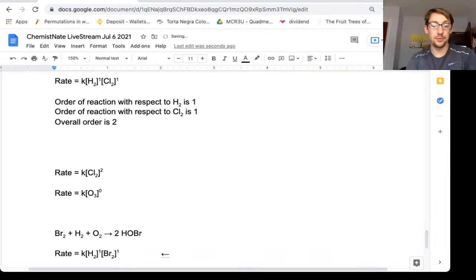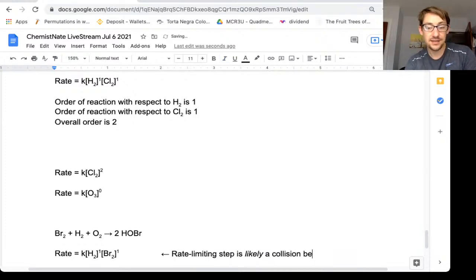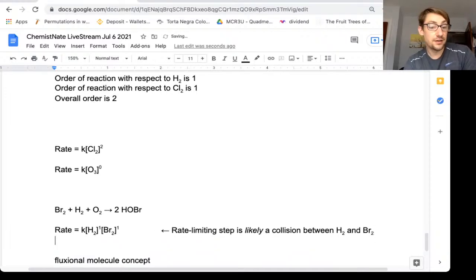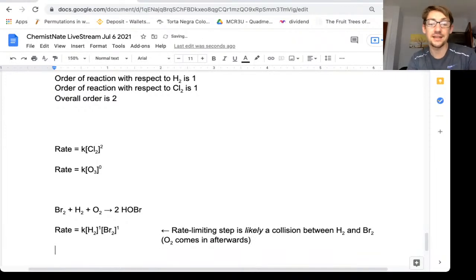If they told you the rate law was this, it tells me that the rate limiting step is likely a collision between H2 and Br2. That itself tells you that O2 comes in probably afterwards, but it can also have simply reacted really quickly at the very beginning. It's not that O2 is not involved at all, it's just that it's not involved in the rate limiting step.